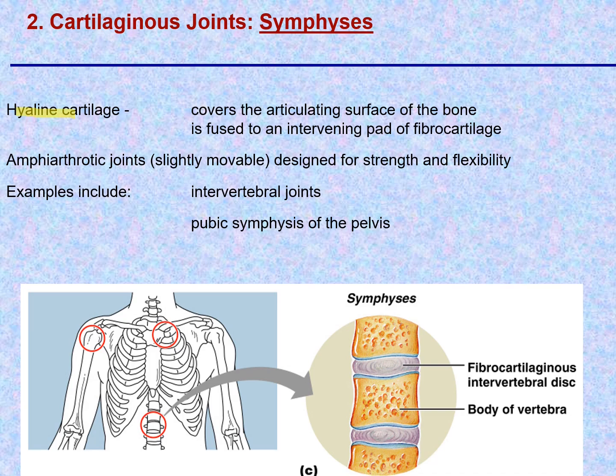It is fused to a pad of fibrocartilage that lies in between the two bones. These are slightly movable joints. The term for slightly movable is an amphiarthrotic joint. Examples again would be the intervertebral joints, also the pubic symphysis, the pubic bone in the pelvis.